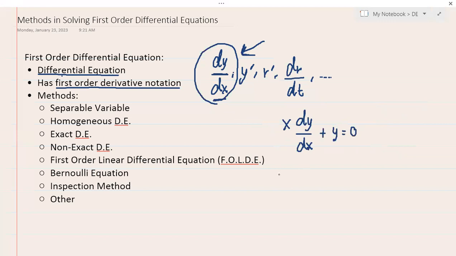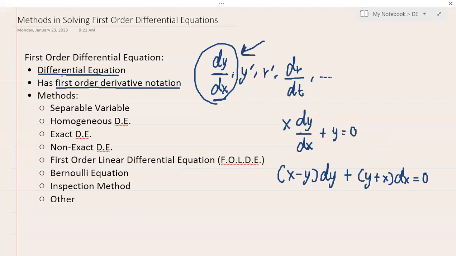Another example, ito, let's just say we have quantity x minus y times dy plus quantity y plus x times dx is equal to 0. Now, take a look. These two examples are first order differential equation.